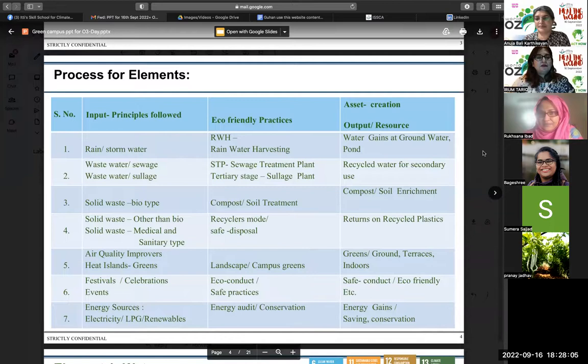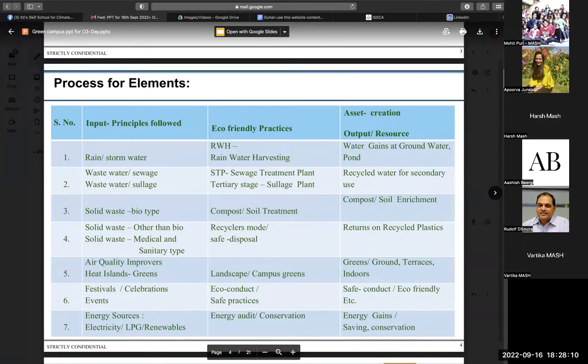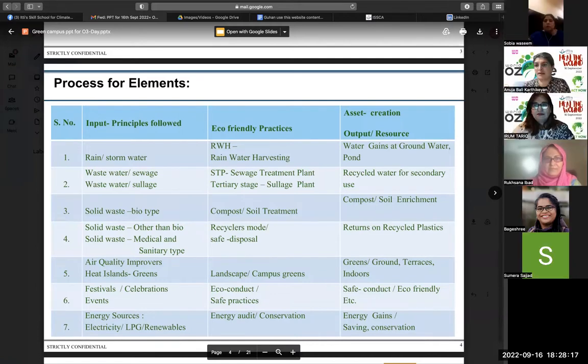I think Mr. Sheshadri has joined again. Mr. Sheshadri, are you here? Sobia has, yeah, Sobia. Sobia, you can unmute yourself.